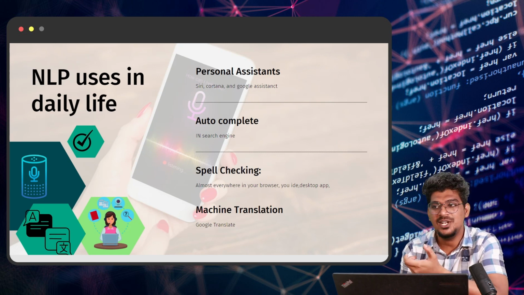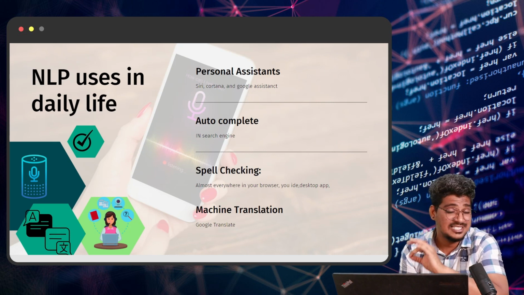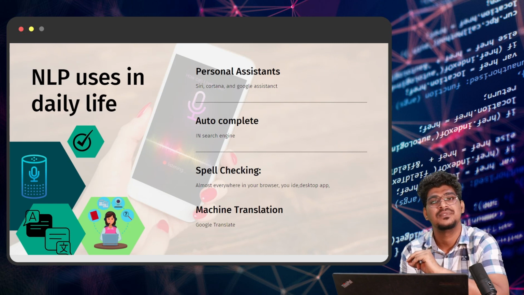We experience artificial intelligence technology every day. Day by day, we are using the technology, as I said before, in the first day of the artificial intelligence masterclass. So this is one example of artificial intelligence. NLP is a subset of artificial intelligence.